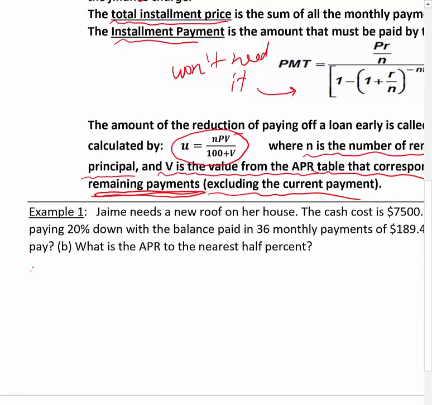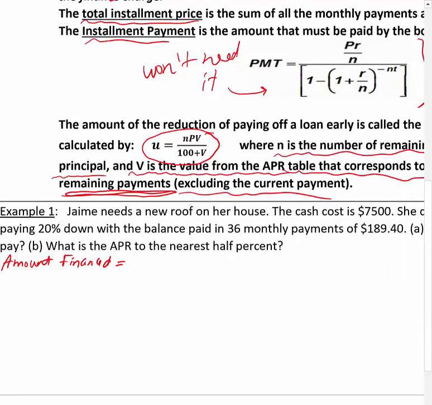Now, first of all, the confusing thing is they didn't tell us the amount financed. They just said Jamie needs $7,500, but she's paying 20% down. So if 20% down, how much is left to pay off? Well, 80% of the amount, right? Because she was going to have to come up with 100% of the amount, but if she put 20% down, the remainder, 100 minus 20%, is 80%.